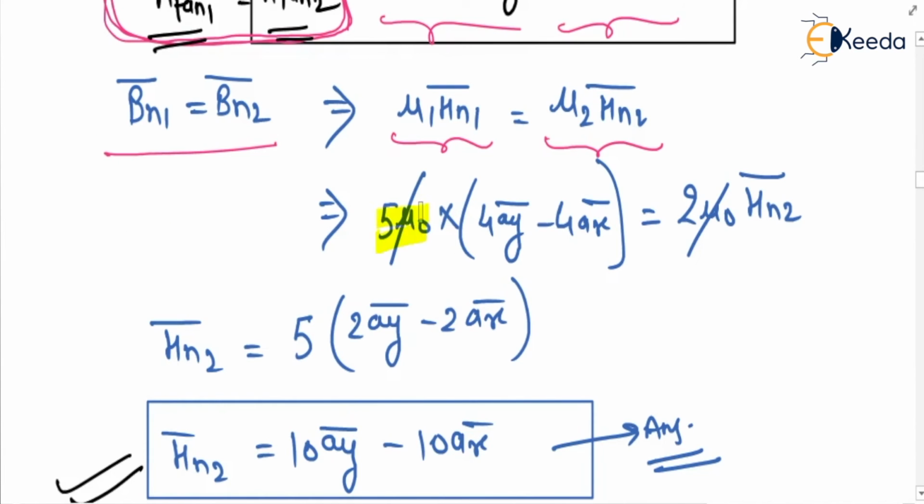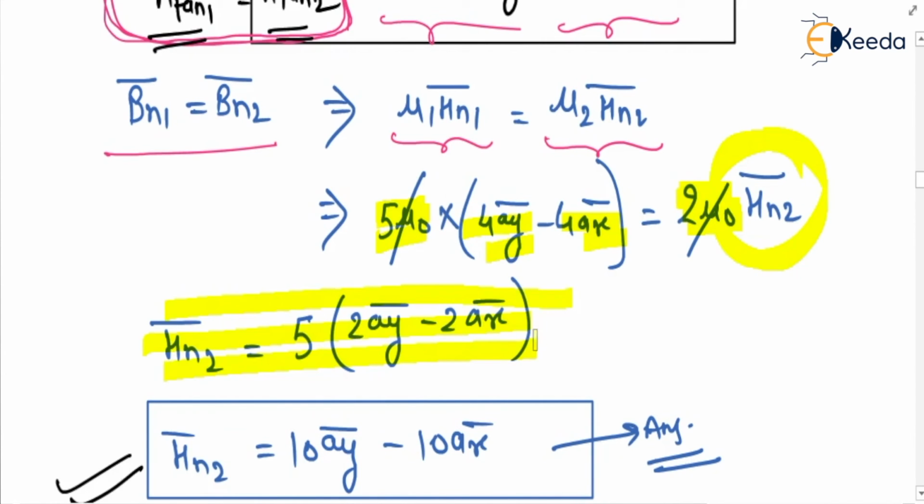So mu1 is 4 mu naught and Hn1 is 4ay minus 4ax, which is equal to mu2, which is 2 mu naught, which is given, times Hn2, which we have to calculate. After solving, we can get Hn2. Hn2 is 2 into 2ay minus 2ax, so Hn2 is 4ay minus 4ax. So this is our answer for Hn2.